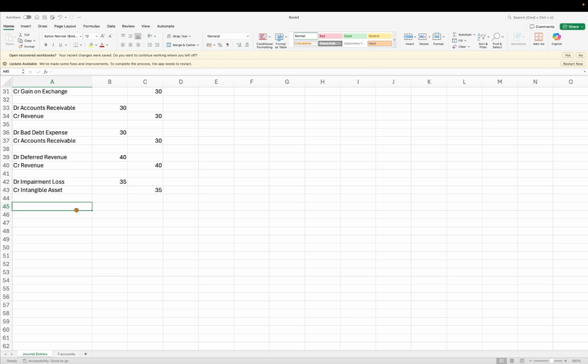So 10% of 100 equals 10 loot of interest, right? What we have in our transaction: interest expense, which is 10, and we've got credit, of course, interest payable.